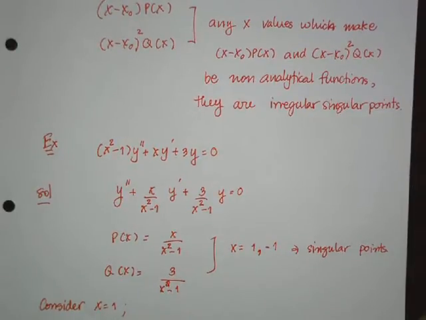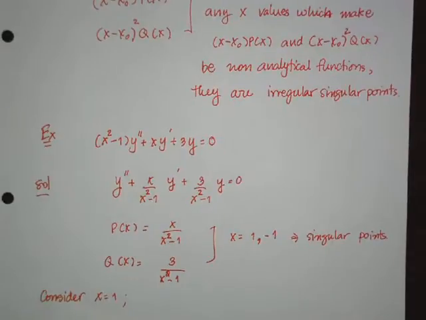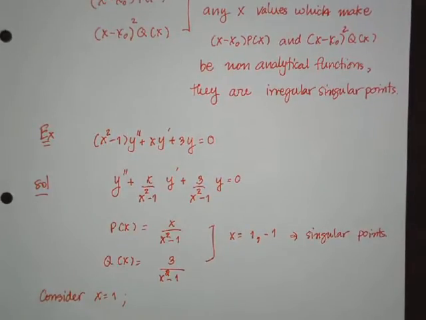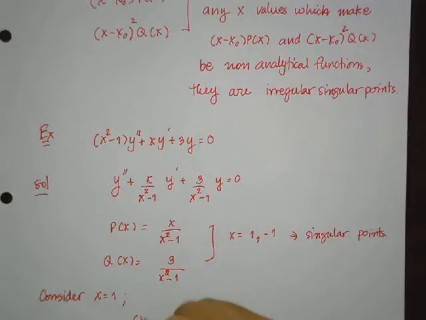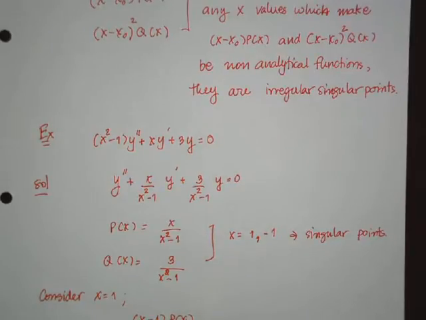If we want to consider whether it is a regular singular point or irregular singular point, we have to check two functions, x minus 1 times px, and the other function is x minus 1 squared times qx.